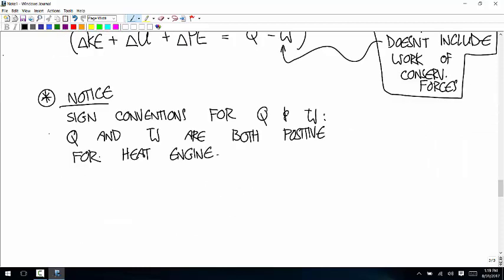A heat engine gets energy added through the boiler. So energy is added to the gas through heat. And energy is removed from the gas as the gas does work.